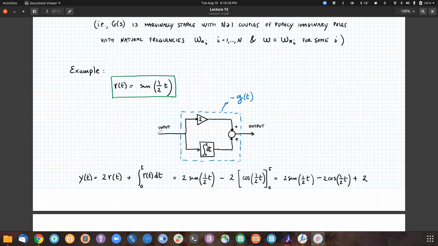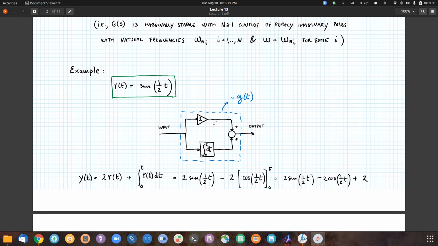Then we're going to do the following to this input. We're going to separate it in two branches. One branch will be multiplied by 2, and then it will be added to the same input, so the other branch, but the input this time is going to be integrated time-wise from 0 to t.